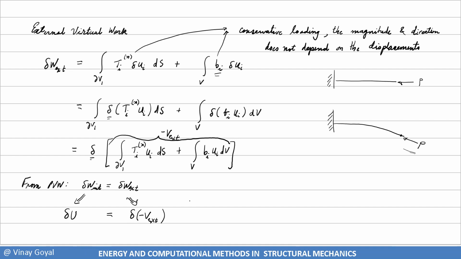V is the potential energy due to loads applied, or potential loads applied. I'm sorry, guys. Let me write it down. V is a potential energy due to loads applied.